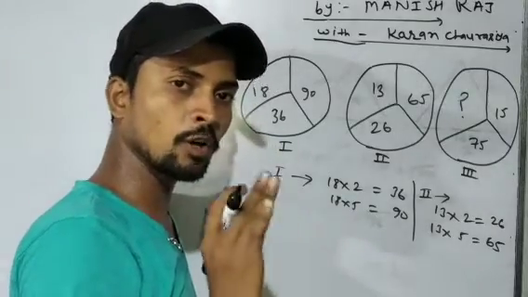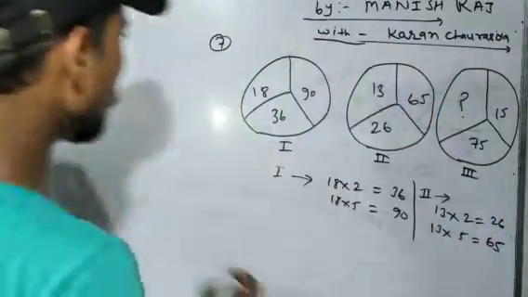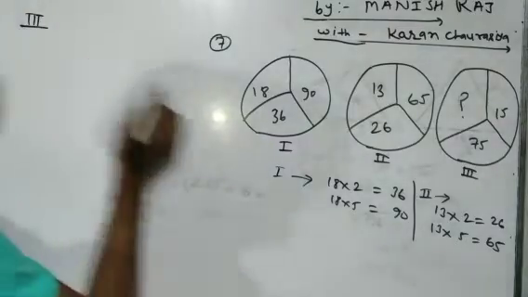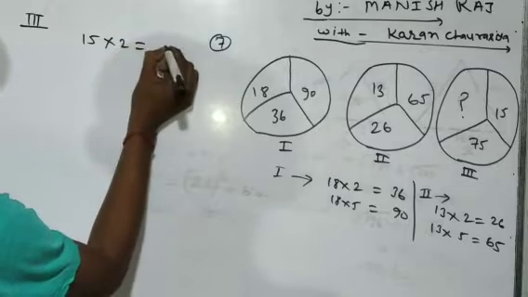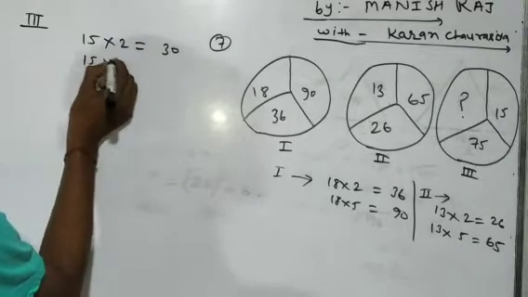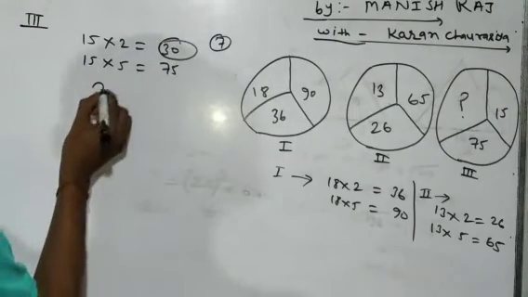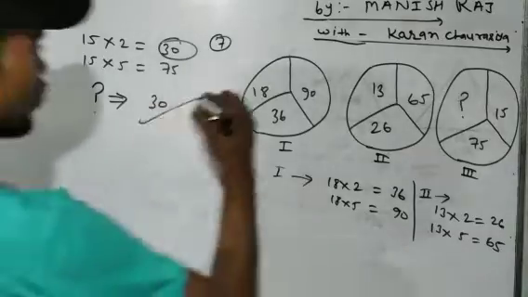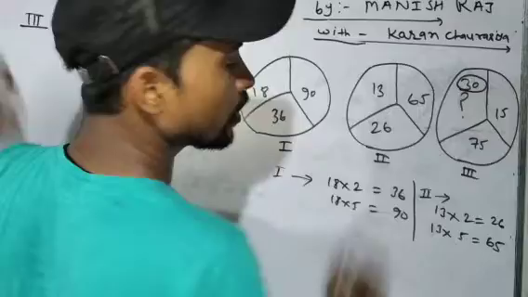Then we apply the same method for the third circle. According to the third circle, 15 multiplied by 2 gives 30, and 15 multiplied by 5 gives 75. So in place of the question mark, we can write 30.